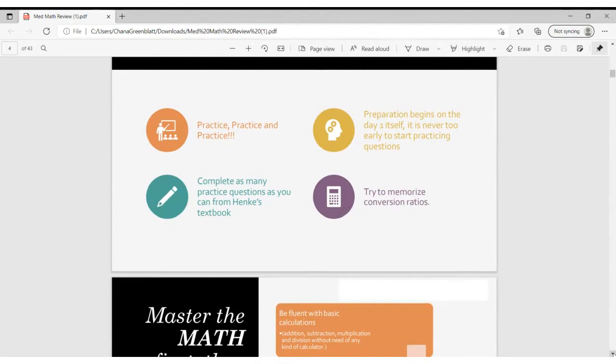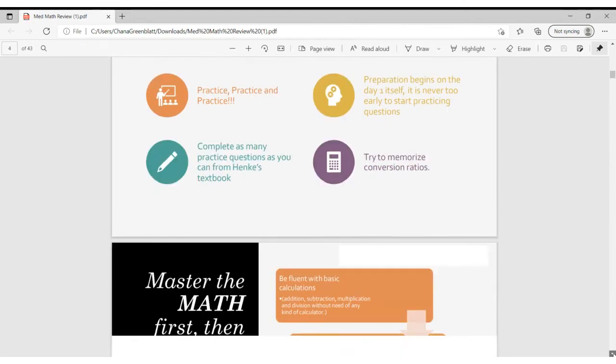I understand that you guys are in crunch time because the exams are coming up, but just really taking a little bit of time out of your day to do some of those questions. And try to memorize conversion ratios is the best. Once you have those ratios from that chart down pat, it becomes really helpful to just plug in those once you know how to approach the problems.